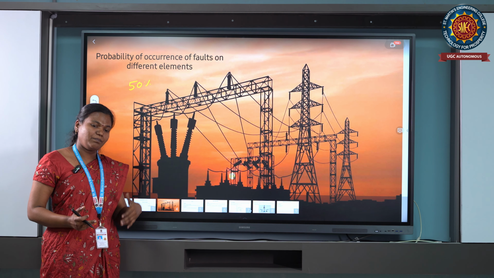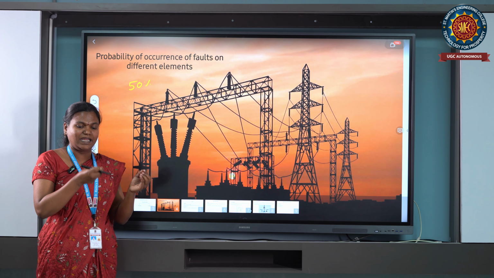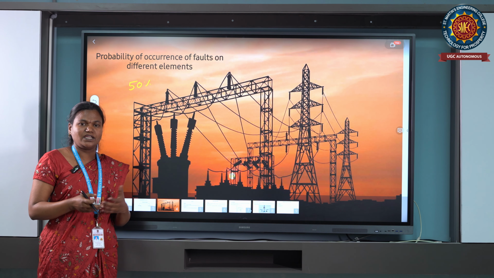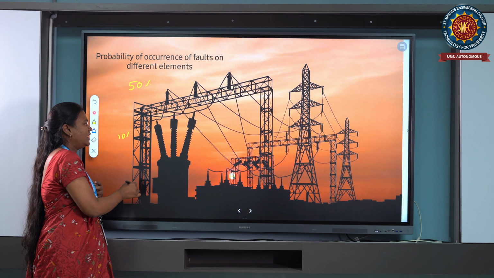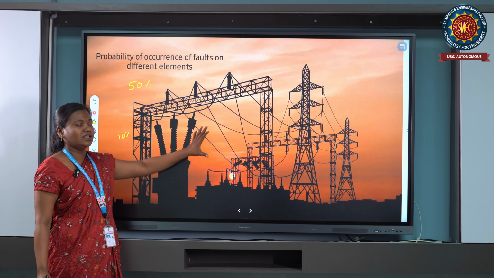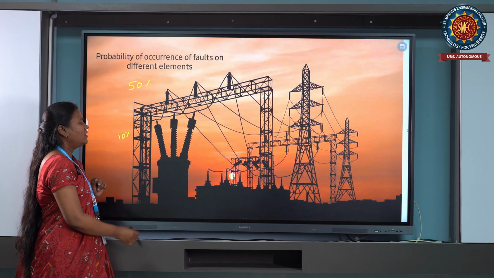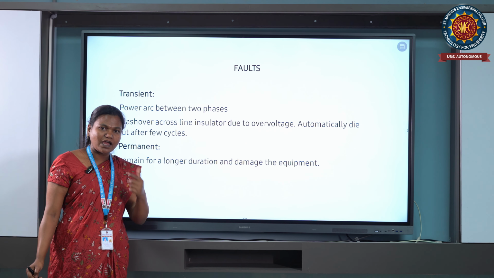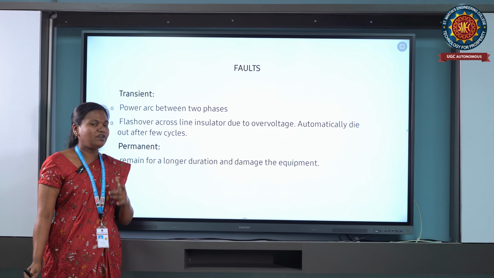Compared to overhead transmission lines, these are affected much less. For example, underground cables are not affected by weather conditions, so only about 10% of faults occur there. But most of the damaging faults occur on overhead transmission lines, so we have to protect them. Now I am going to explain how we can protect the overhead transmission line when a fault occurs.